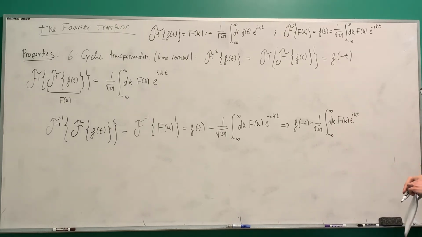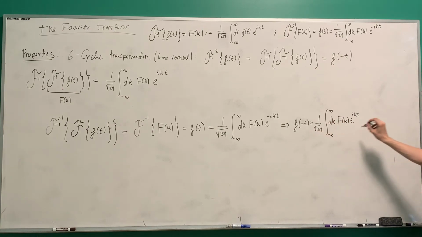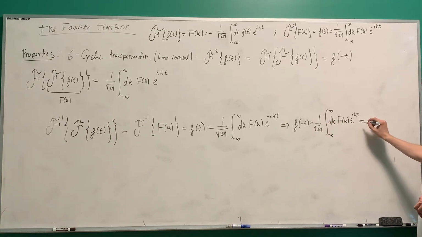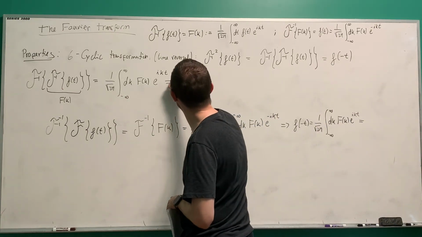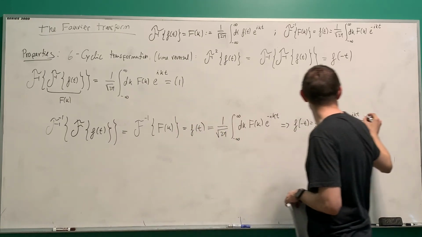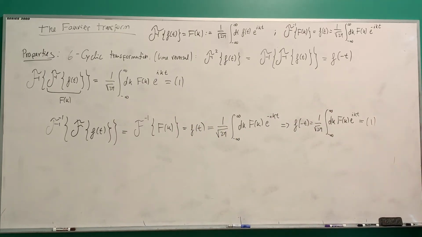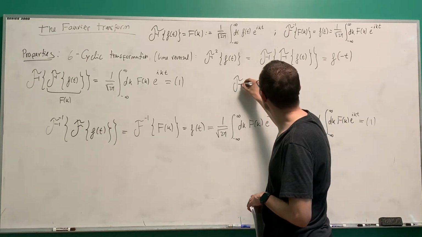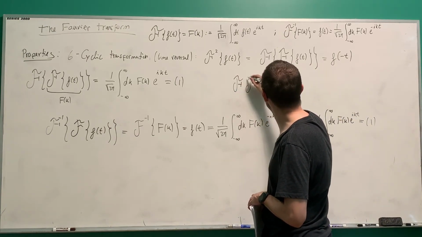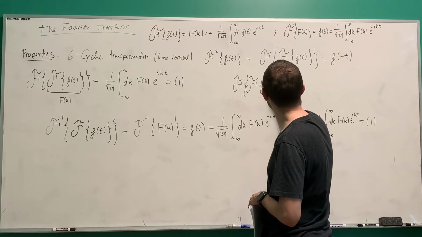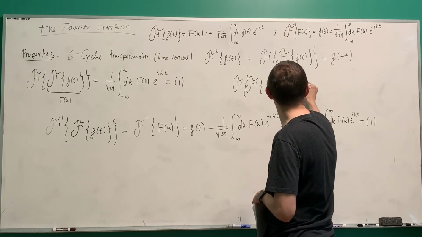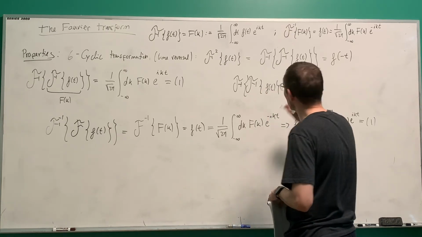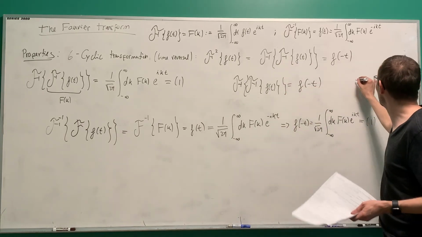And therefore, this thing is equal to this thing here. Let's call it 1, and this is equal to 1. Wonderful. So that means that the Fourier transform squared of f of t is just f of minus t. Time reversal. Proved.